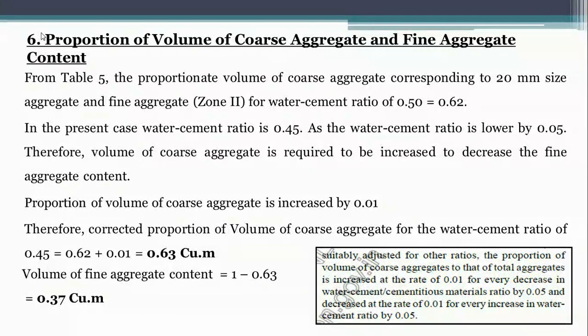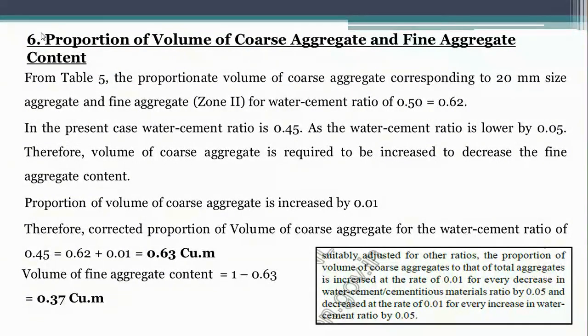Now, in our problem, we are using the water cement ratio as 0.45. So 0.45 means compared to the standard value of 0.5, we have 0.05 lower. So 0.5 minus 0.45, you will get 0.05. So what the code says is that if the left hand side is reduced, then you have to increase the right hand side.